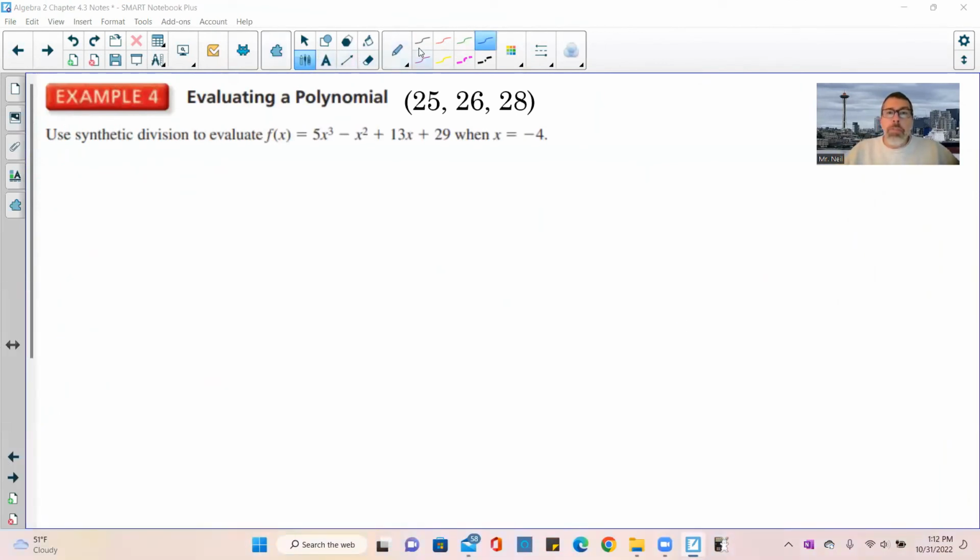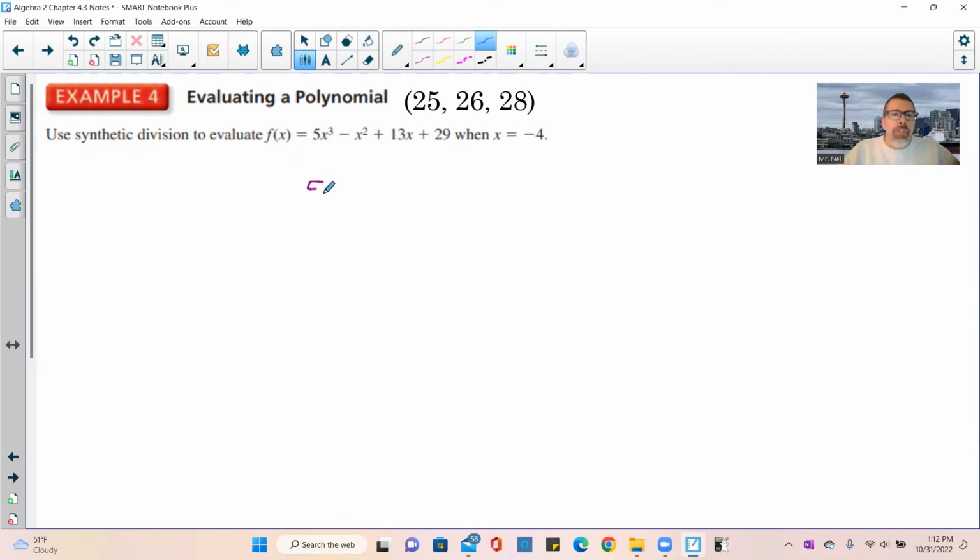Okay, so example 4 is much like example 3 and 2, but then we're going to discuss the remainder theorem in this example. So we have a 3, we have a 2, we have a 1, we have a 0. Nothing skipped. We don't need what I call a spacer, a zero placer. And we have x equals -4. All right, so we're going to use synthetic division.